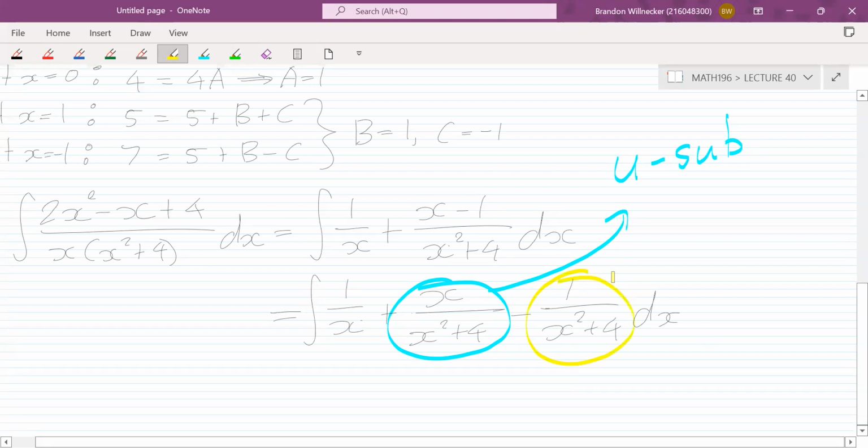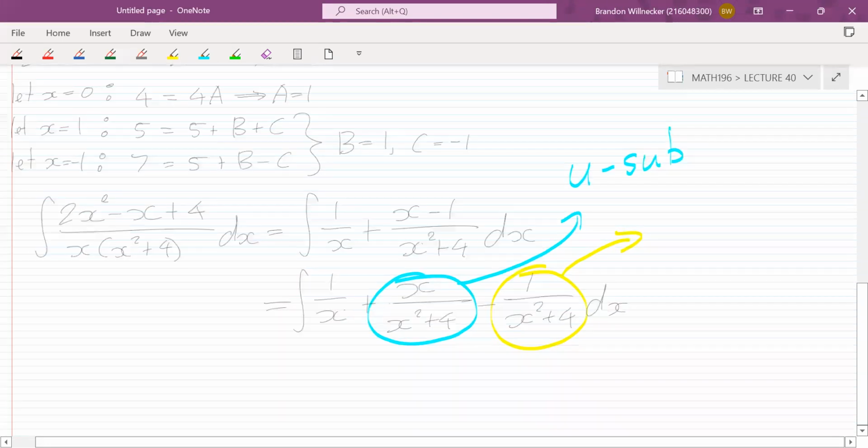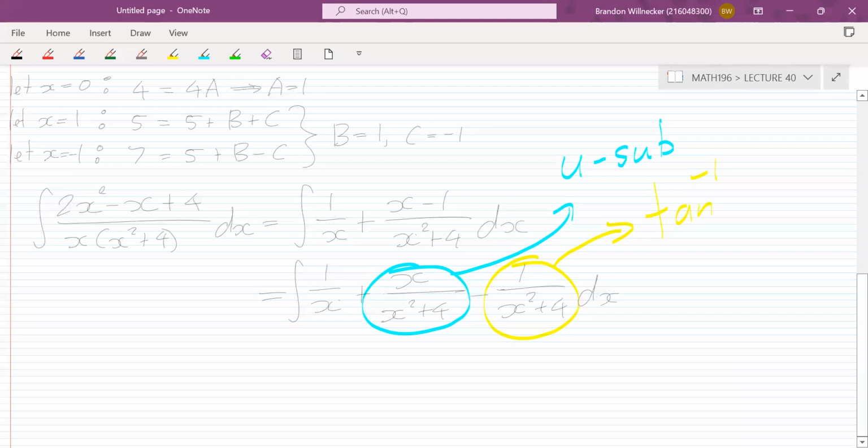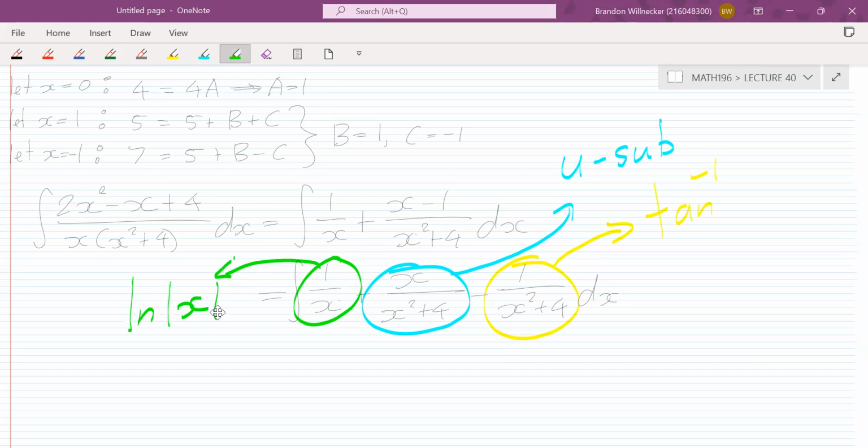This term over here should look familiar to you. That's the one with arctan, the 1 over x squared plus a squared. That's an arctan integral, so just put tan inverse there. And this first one, we've seen lots of times now. That's just going to be the natural log of x. So each part is pretty easy to do on its own.